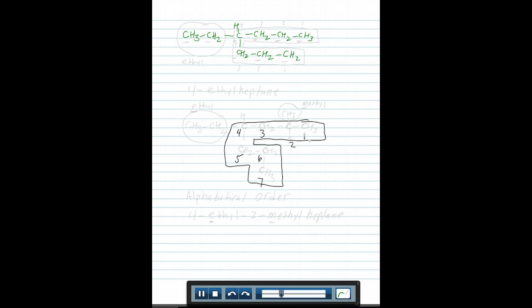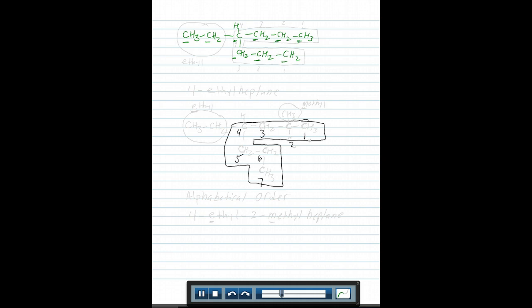Okay? So if you just go straight across, you've got 1, 2, 3, 4, 5, 6. That's the longest continuous chain. Another one would be 1, 2, 3, 4, 5, 6. That's 6. And then another one would be 1, 2, 3, 4, 5, 6, 7.